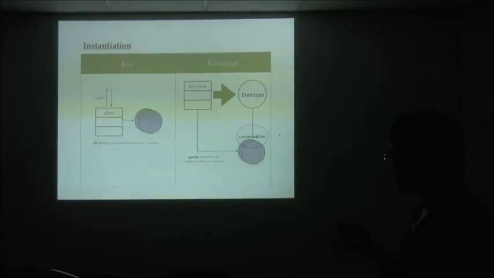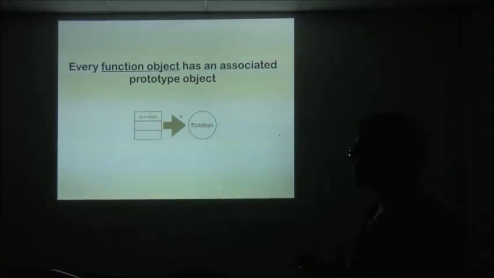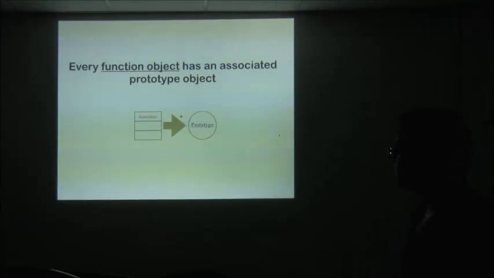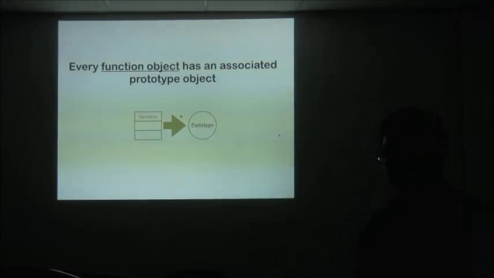And that object is what we call the prototype object. So it's very important for you guys to understand that every function has an associated prototype object with it. I have placed an asterisk on top of that arrow to indicate that it's actually a pointer. So it's a pointer, and every function has an object.